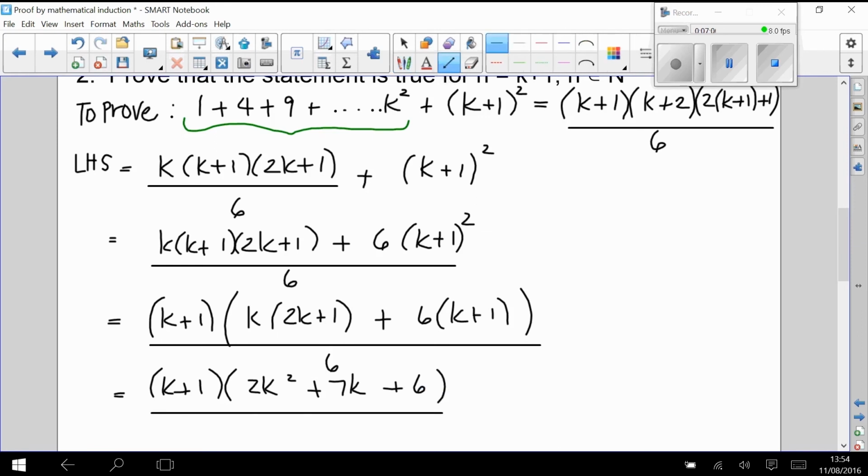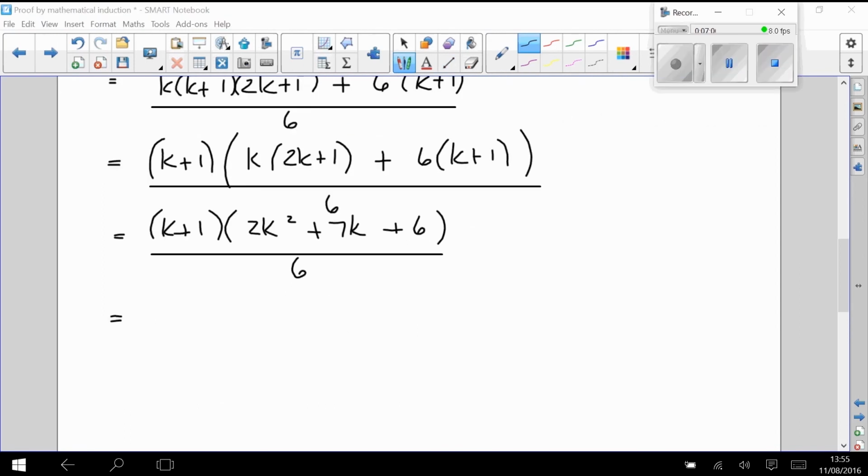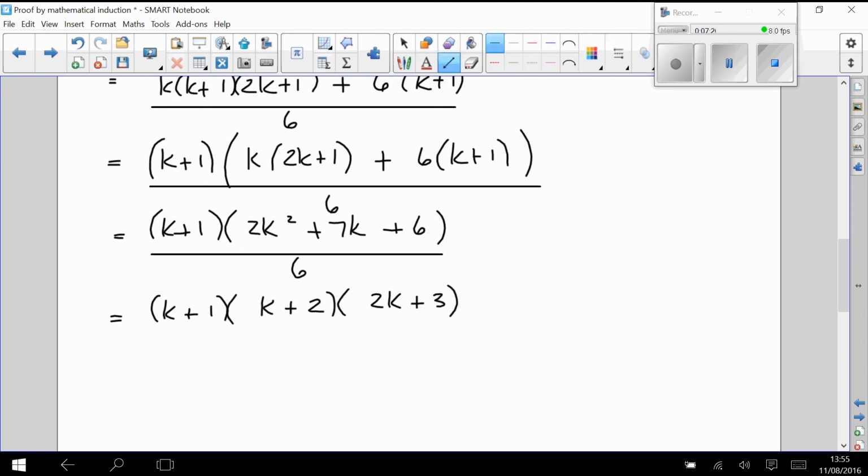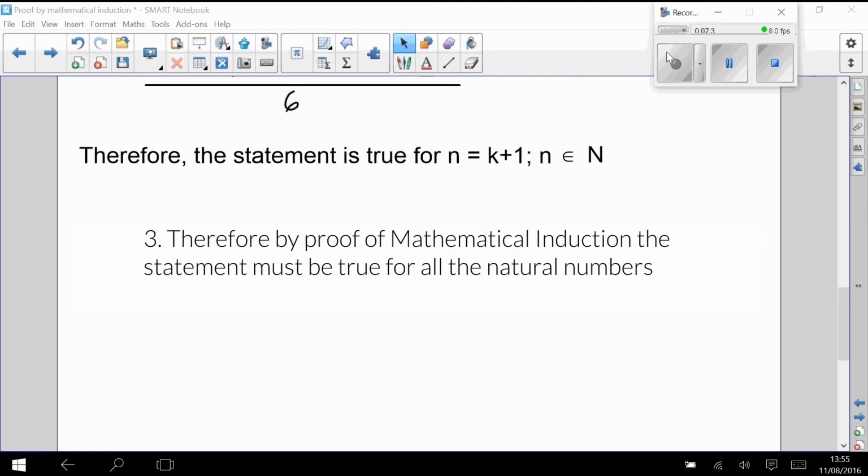This second bracket can now be factorized further using the trinomial method. And when I factorize it, I'm going to get that the two bracket factors are going to be k plus 2 and then the bracket of 2k plus 3. This is exactly what I was looking for. In other words, I have proven that the statement is true for n is equal to k plus 1. Remember to write up your conclusion. And then always write up the full conclusion for the proof that you did using mathematical induction.